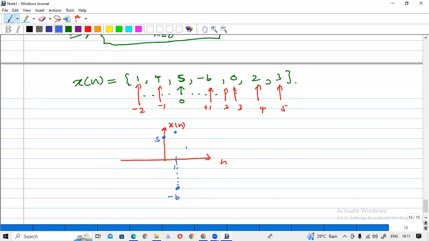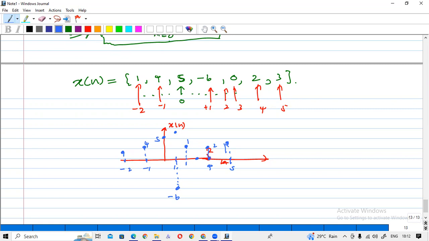At 2 it will be 1. At 3 it is 0. At 4 it is 2. At 5 it will be 3. At -1 it will be 4. At -2 it will be 1.